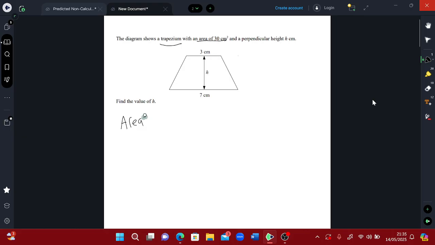The area of a trapezium is, I believe, half times the height times a plus b. I haven't looked at a trapezium in absolutely ages.